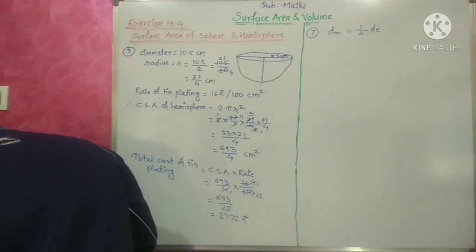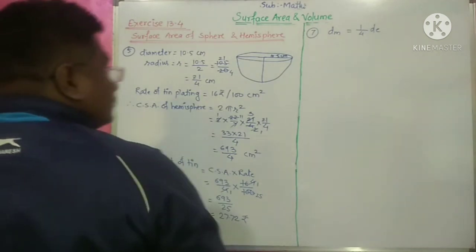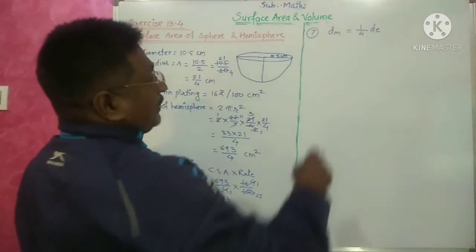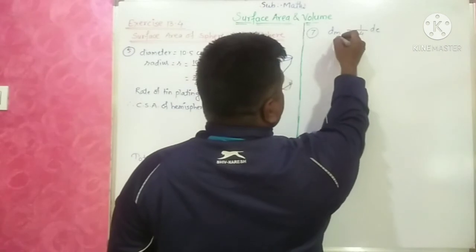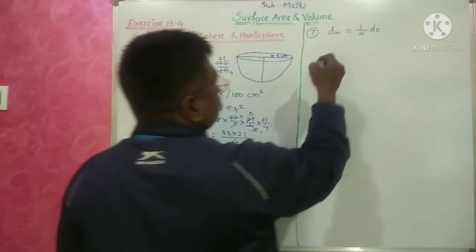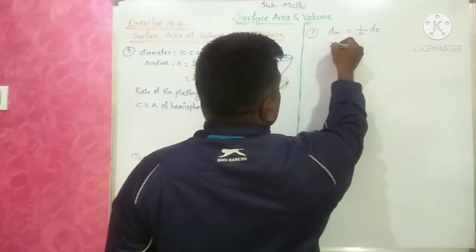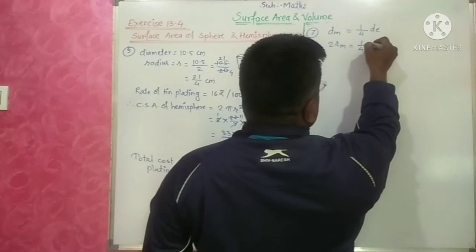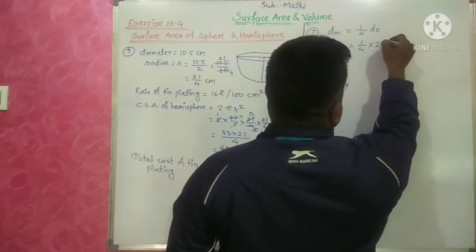So find the ratio of their surface areas. So what will we get? Diameter means 2r. So 2rm equals 1/4 into 2re.